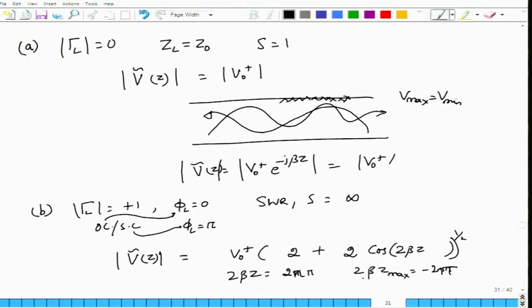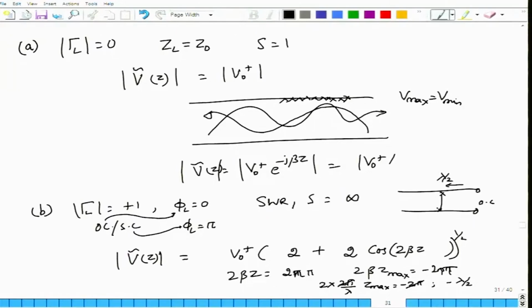Since beta is 2 pi by lambda, if I expand beta to 2 pi by lambda, maxima occurs here at minus 2 pi. So, 2 pi cancels on both sides, and maxima occurs at minus lambda by 2, which means that from the load, okay, so this is the open circuited transmission line, from the load at a distance of lambda by 2, I get a maximum.